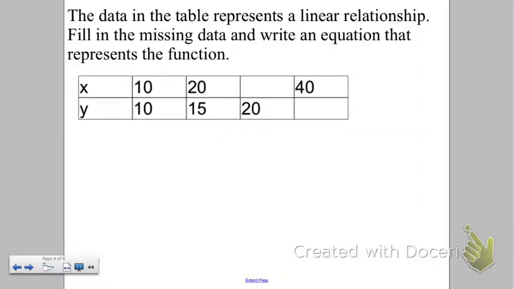And the last question. The data in the table represents a linear relationship. Fill in the missing data and write an equation that represents the function. Take a second to copy down the question and the table.